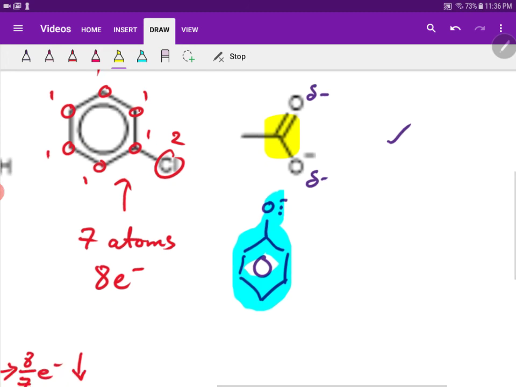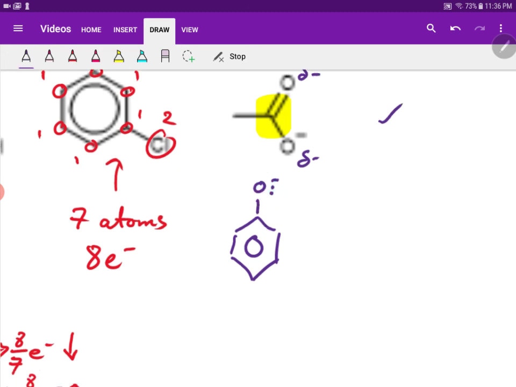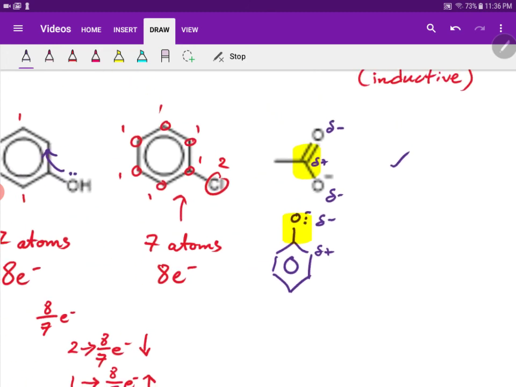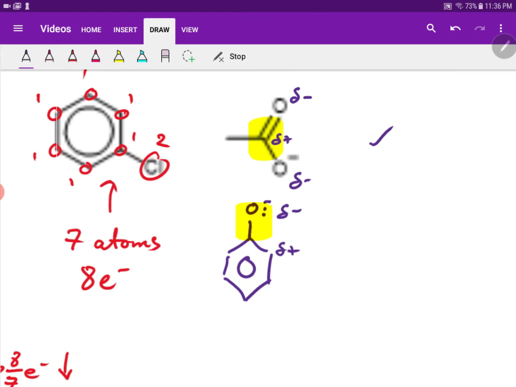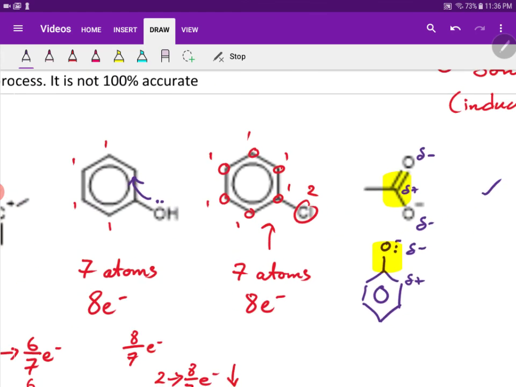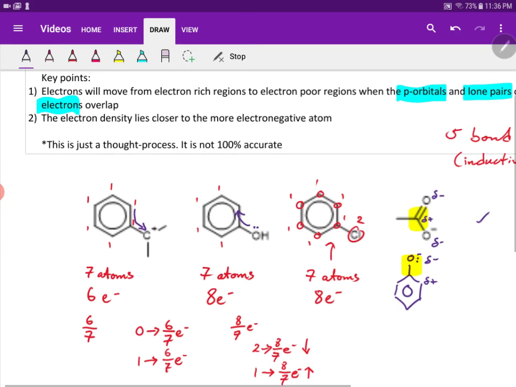Whereas in the other case, most of the electron density on this oxygen atom still stays near oxygen, even though it's delocalized into the ring, because oxygen is more electronegative compared to the rest of the carbon atoms. So you have to take into account both the electronegativity difference and the number of electrons within this whole system. The idea of resonance is not that simple. If you are confused, do watch this video again to make sense of it.